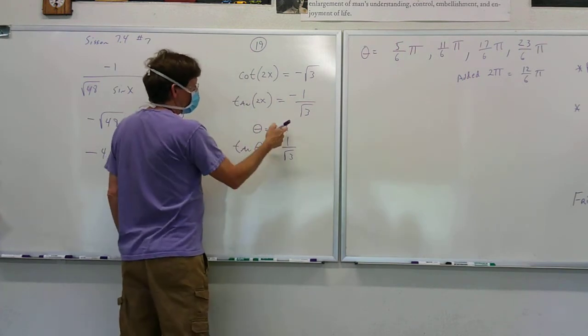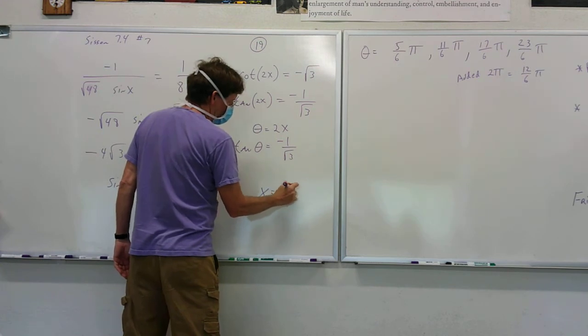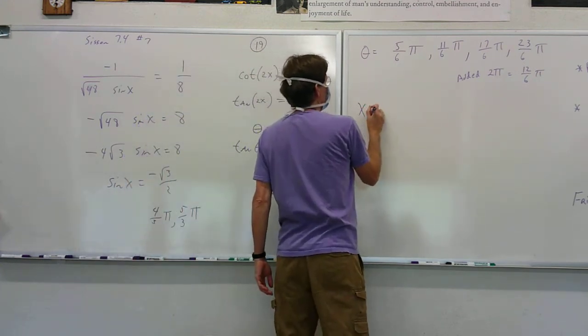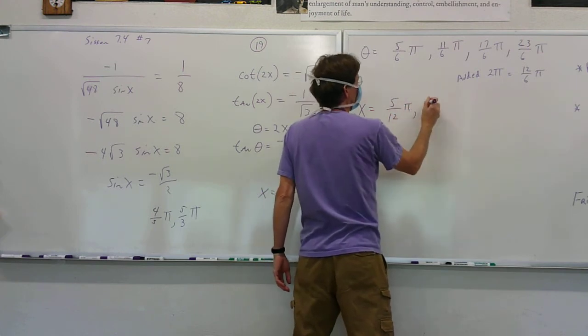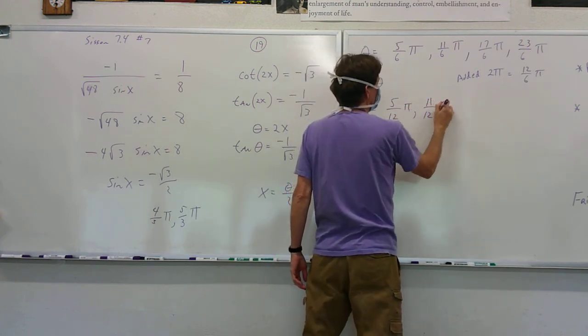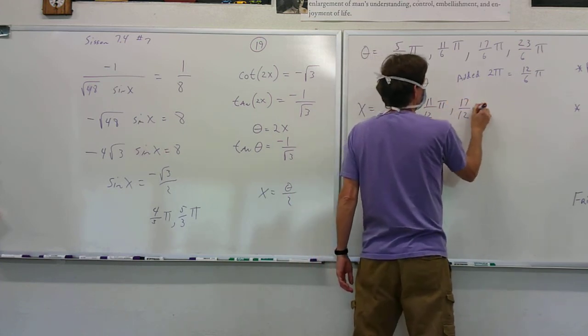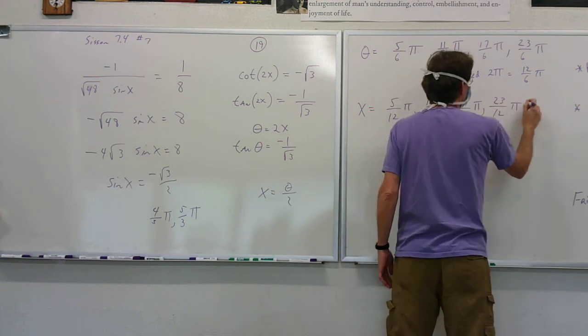And if theta equals 2x, then x equals what? Theta over 2. So x will equal 5/12 pi, 11/12 pi, 17/12 pi, and 23/12 pi.